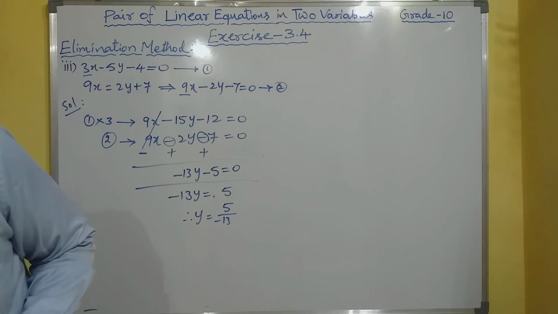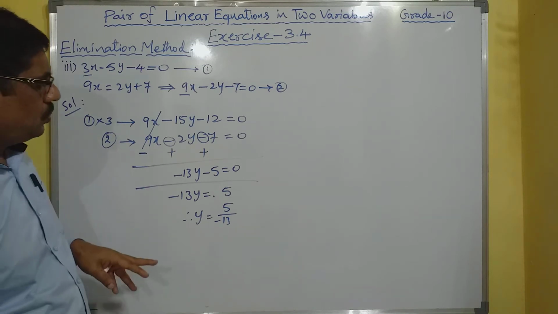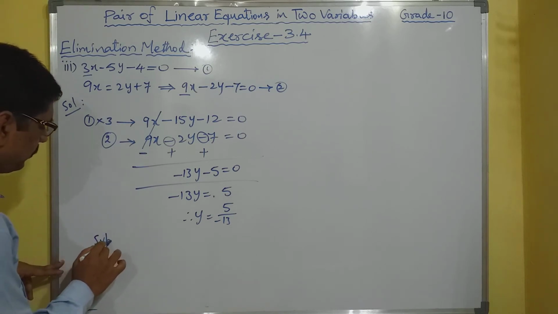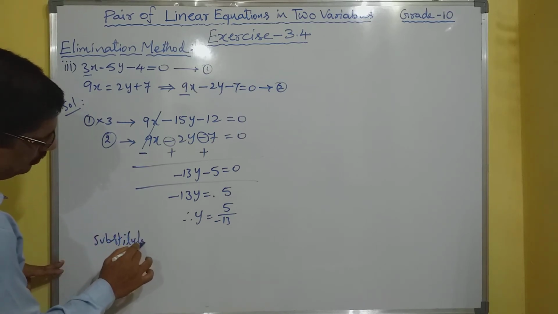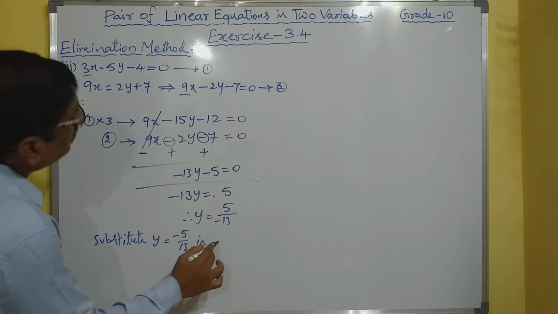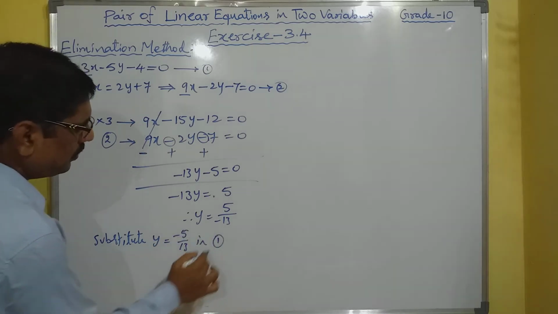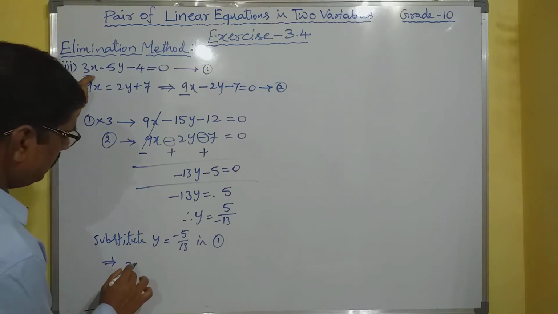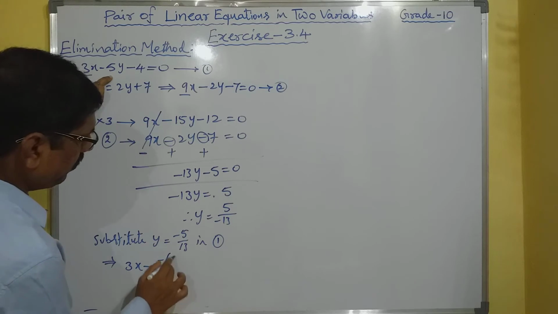Now, let us solve for x. Substitute y is equal to minus 5 by 13 in the equation 1. Then we get 3x minus 5y. What is the y value?